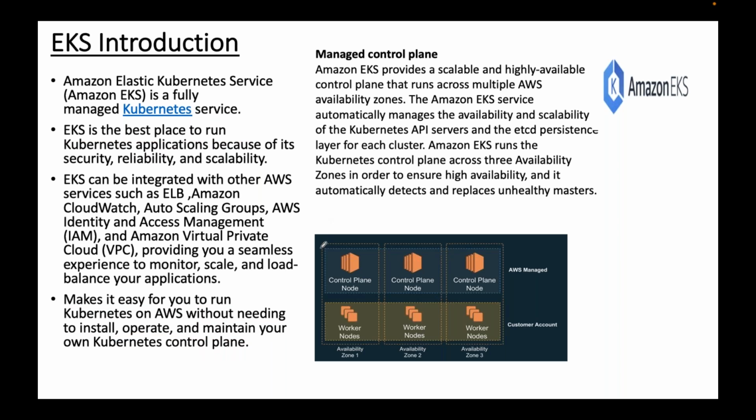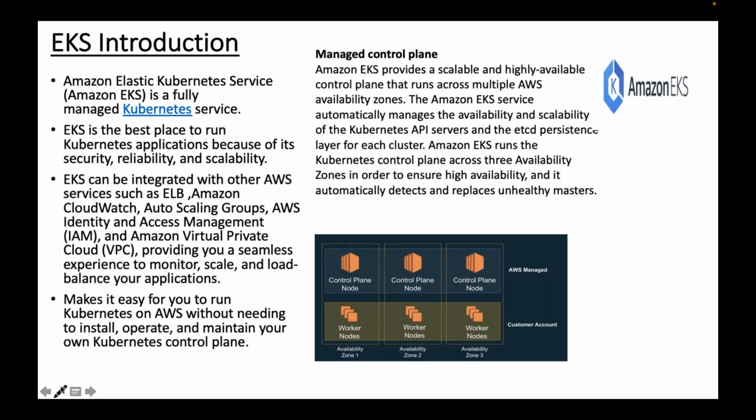Fully managed control plane in the sense that the Kubernetes control plane, that is the Kubernetes master components in the master node, the control plane components like etcd, API server, scheduler, control managers, that master node or control plane node is completely managed by AWS. So EKS has a managed control plane.